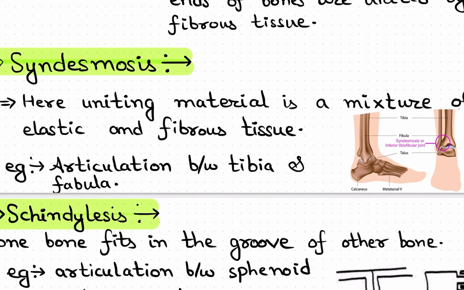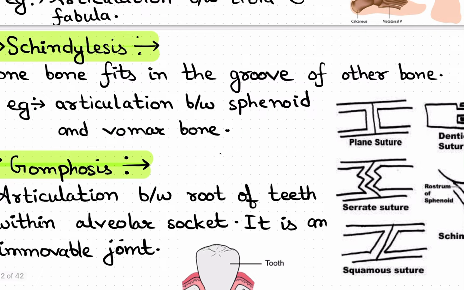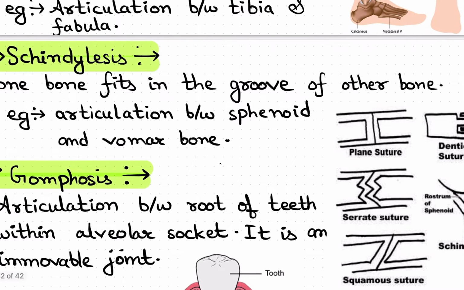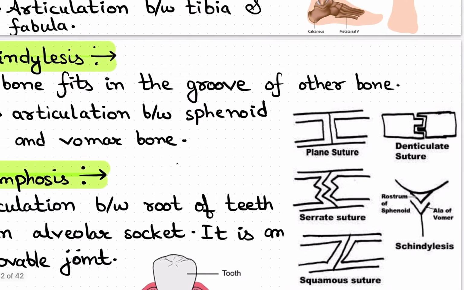Now let us look at gomphosis. One thing I forgot: this syndesmosis is a fibrous joint composed of fibrous tissue as well as elastic tissue, and its typical example is the region where tibia and fibula are articulated. Now let us come to schindylesis. In schindylesis, one bone fits in the groove of another bone.